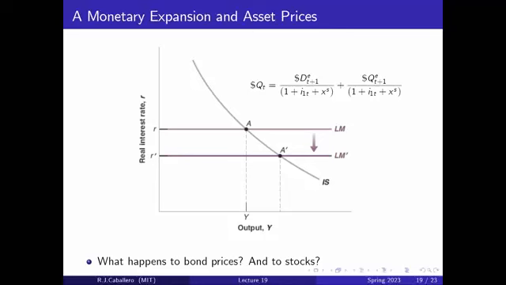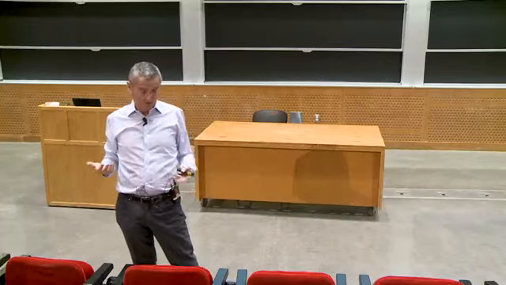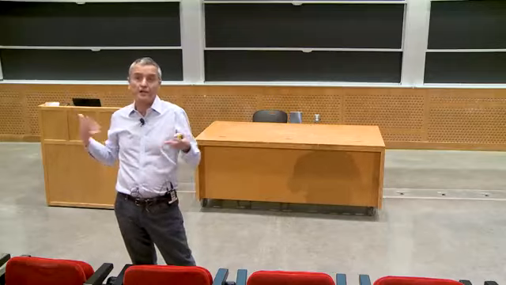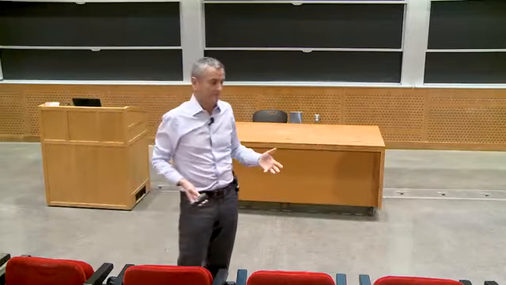What else? Then we look at the effect of an expansionary monetary policy on asset prices, and we said, well, obviously, if you lower the interest rate, that's going to increase the value of any asset that pays returns in the future. And so it's typically the case that expansionary monetary policy will lead to an appreciation of most assets.